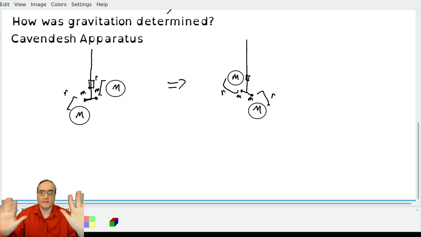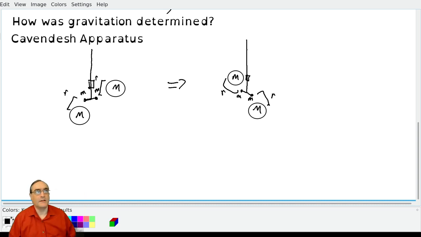So based on twisting the fiber, you can figure out what the angle of twist is. There's another formula for torque that would look like, let me see, kappa times theta. It's not one you would have learned about in your previous class, but this is the torque equivalent of a simple spring.